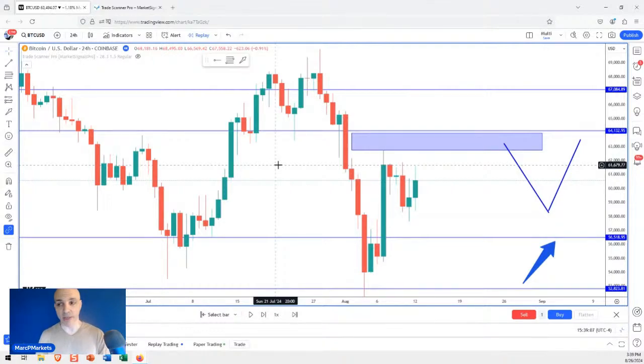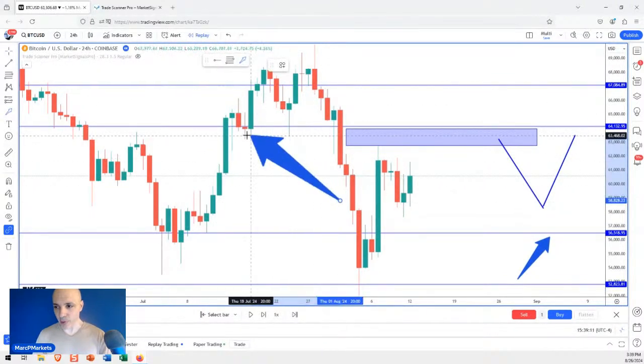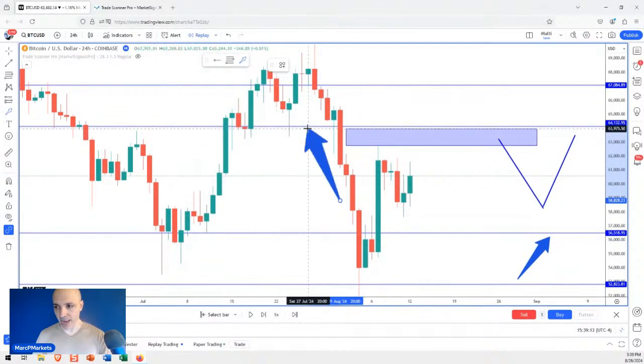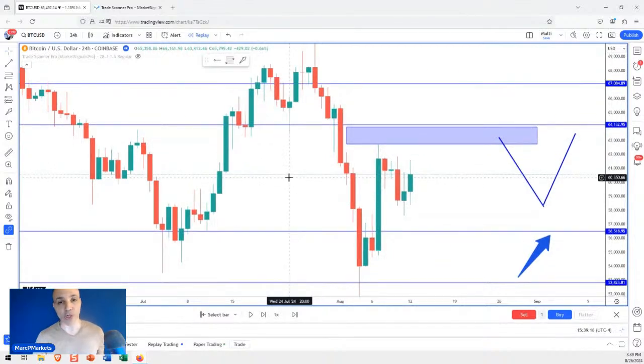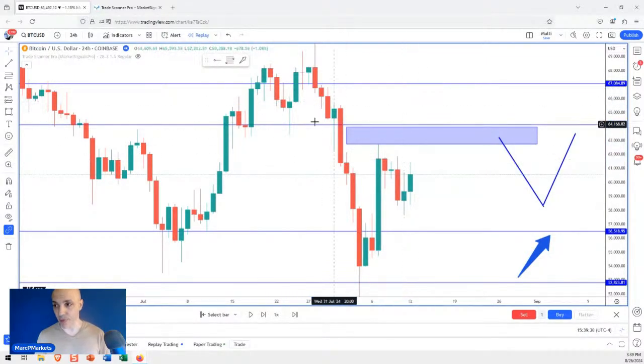We can't see that. So my point is, you want to find these inflection points on your chart and anticipate a reaction in the future. What you're doing is painting a picture of what can happen here before it's there, right? You're coming up with your trade idea, your premise.